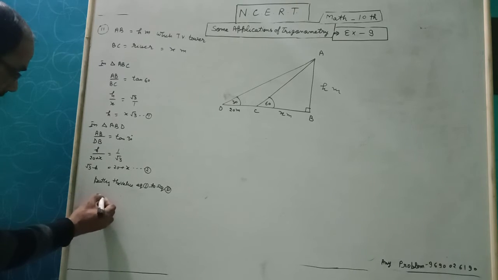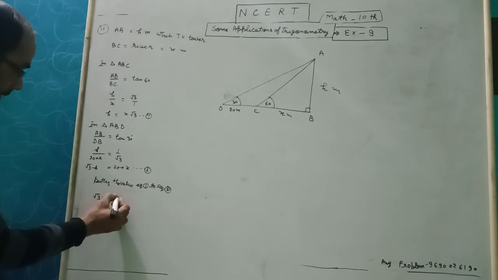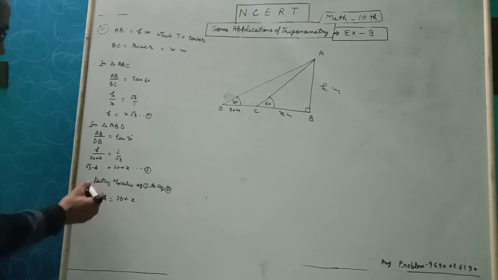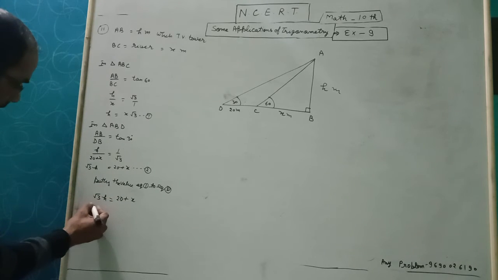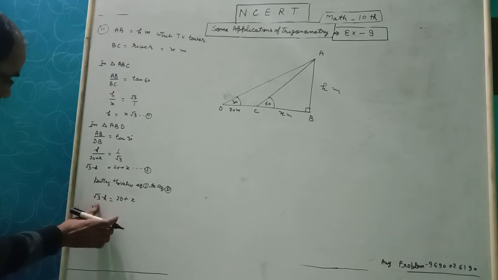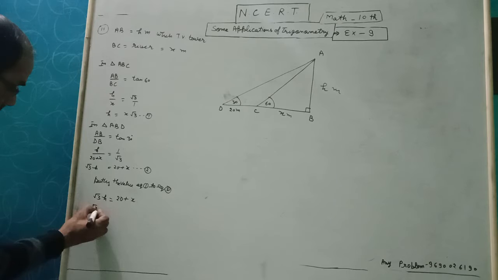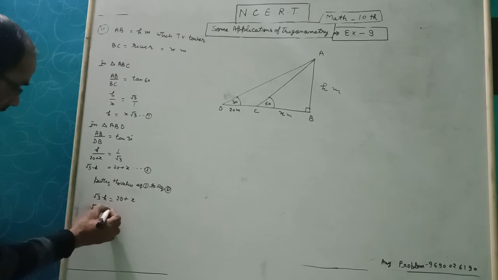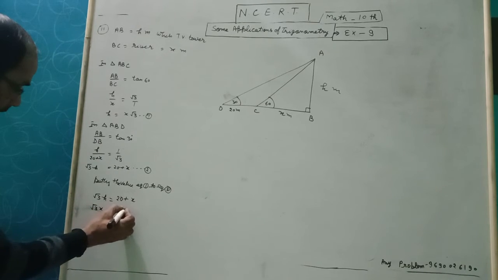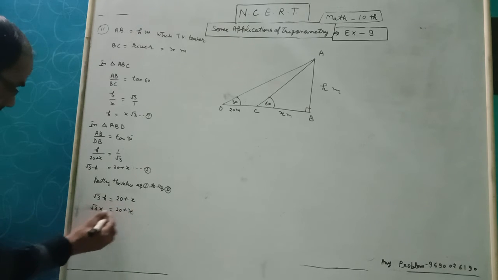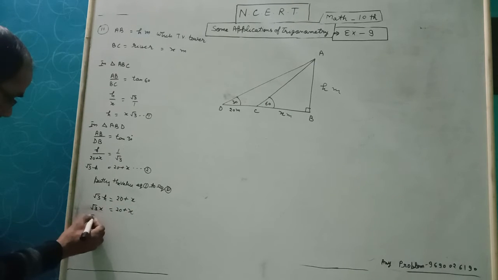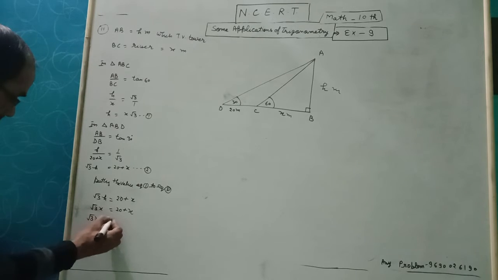Under root 3 H is equal to 20 plus X. H value is equal to under root 3 X, so 3X is equal to 20 plus X. X minus is equal to 20.